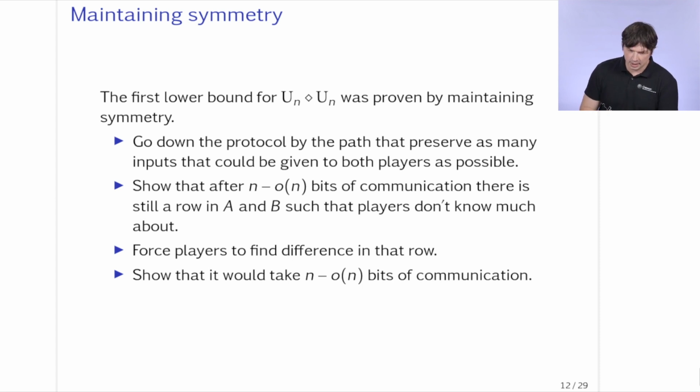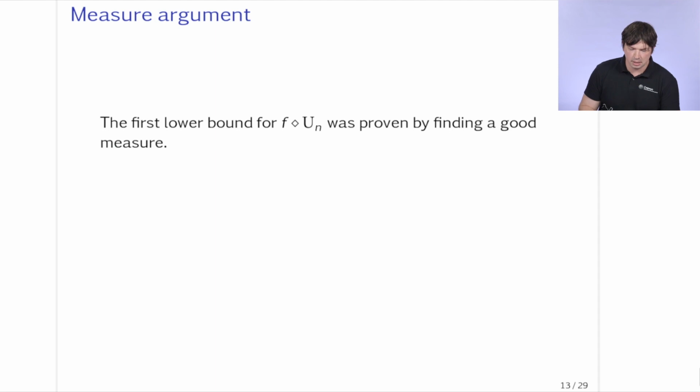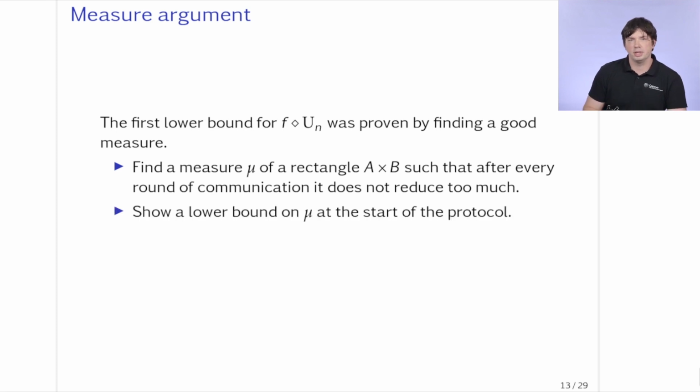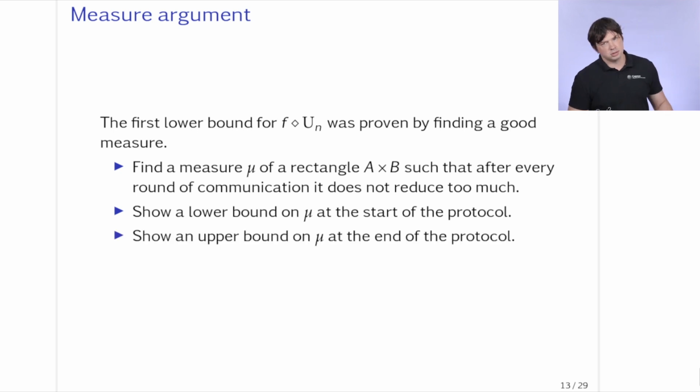Then there was this amazing work that composed a function with a universal relation, and it was proven by providing a measure argument. The idea is that you find a measure of a rectangle that doesn't go down too fast during the communication, and then you show that this measure is large at the beginning of the protocol, at the root, and that it's rather small at every leaf, which obviously proves that there are many leaves in the protocol.